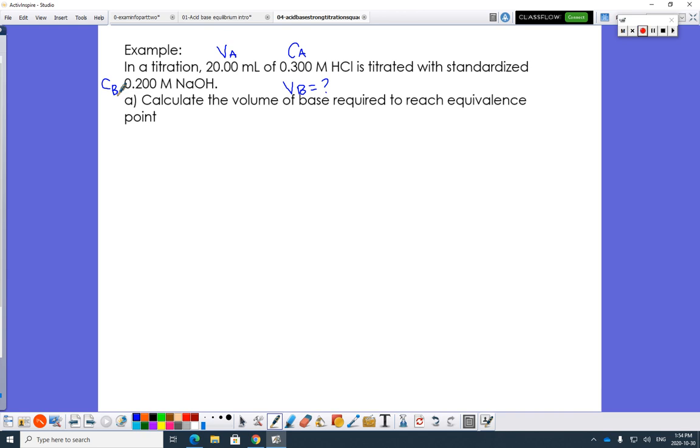So we're going to find at what volume the moles of acid and base are equal. So again, don't tell my grade 11 students, but because it's got volume on both sides of the equal sign, you can actually leave it as milliliters.